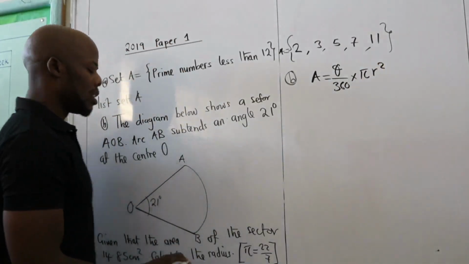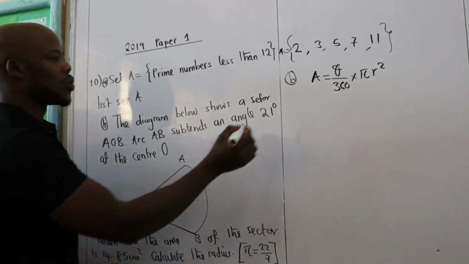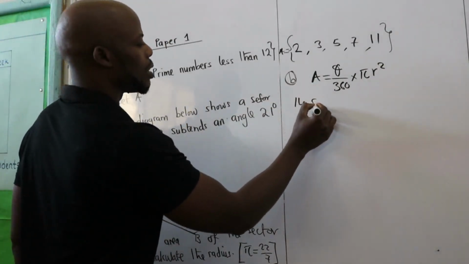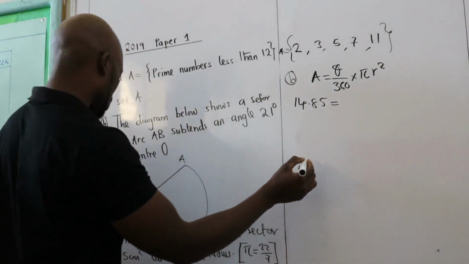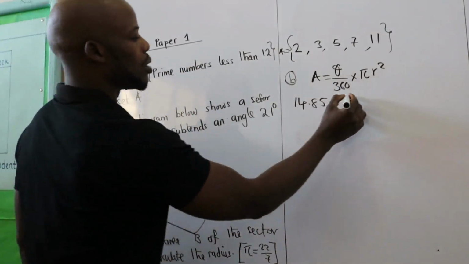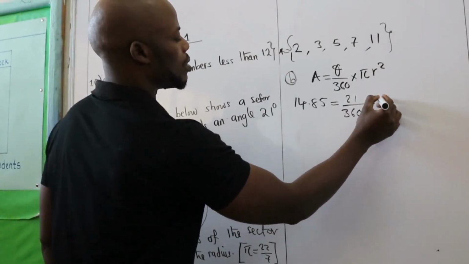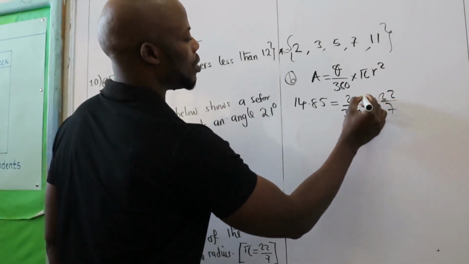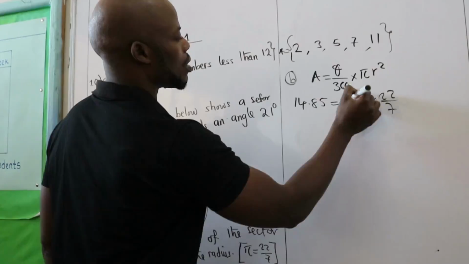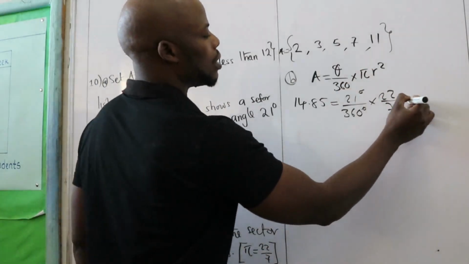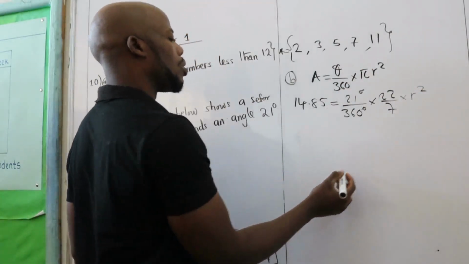This is the formula. So on area, we're going to put 14.85 is equal to theta, we know it's 21, over 360 times 22 over 7. Here degree, so they will cancel. Here we have r squared, and it's what we are looking for.